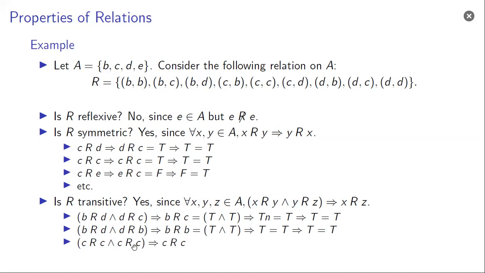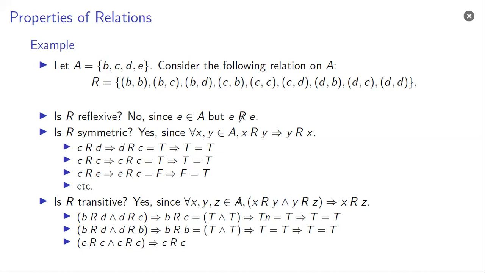Another example. Here we have if C is related to C and C is related to C, then C is related to C. This looks very confusing. What we're doing here is using the same letter for X, Y, and Z, because nothing prevents X, Y, and Z from all being the same value.